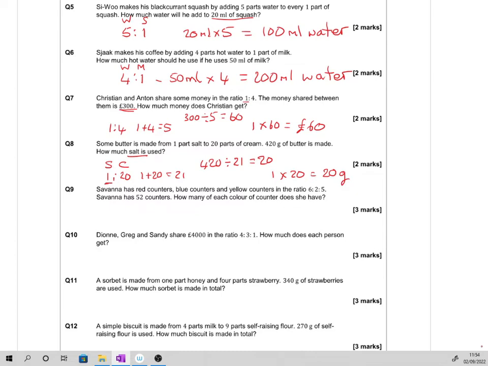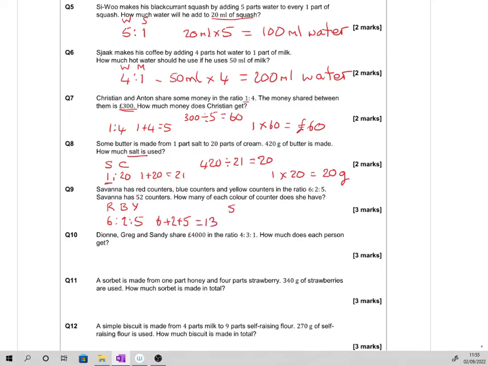Okay, Savannah has red counters, blue counters, yellow counters in the ratio of 6 to 2 to 5. Savannah has 52 counters. How many of each of the colours does she have? So she's got red, blue, and yellow, and they are 6, 2, 5. She's got 52 altogether. So let's add these up. 6 plus 2 plus 5 is 13.